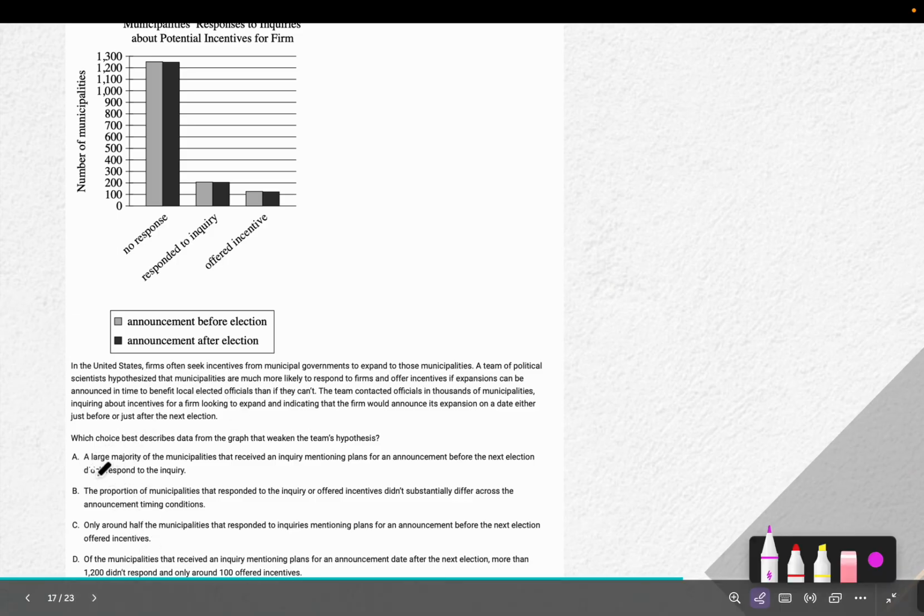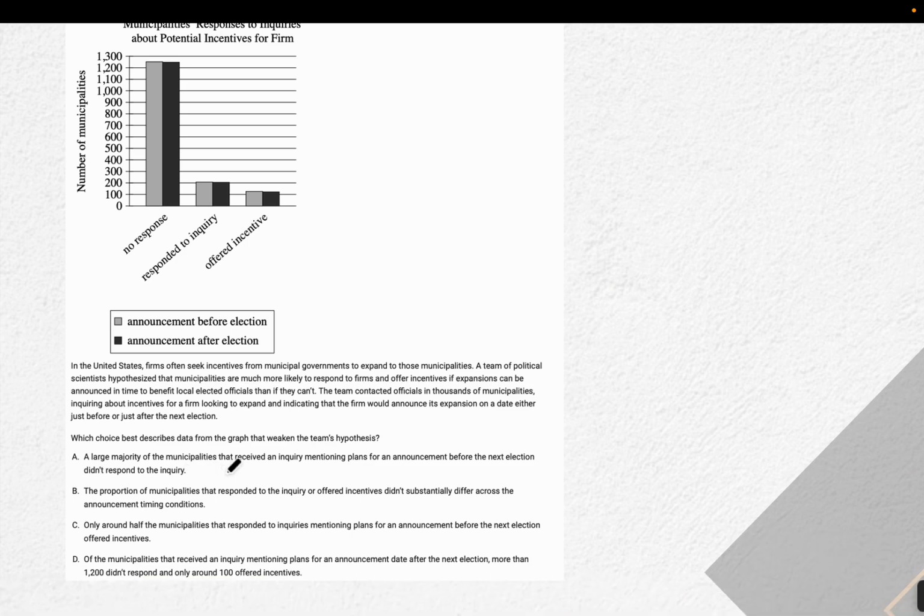So option A: a large majority of municipalities that received the inquiry about mentioning plans for announcement before the next election didn't respond to the inquiry. No response. So it describes the data from the graph, but it says it needs something that weakens the team's hypothesis.